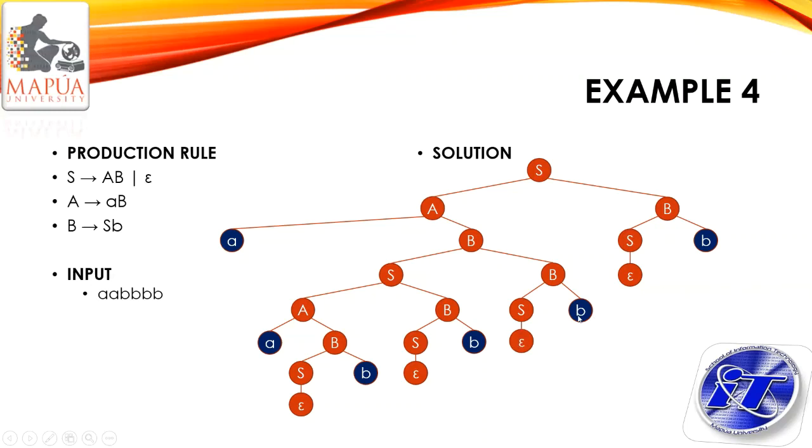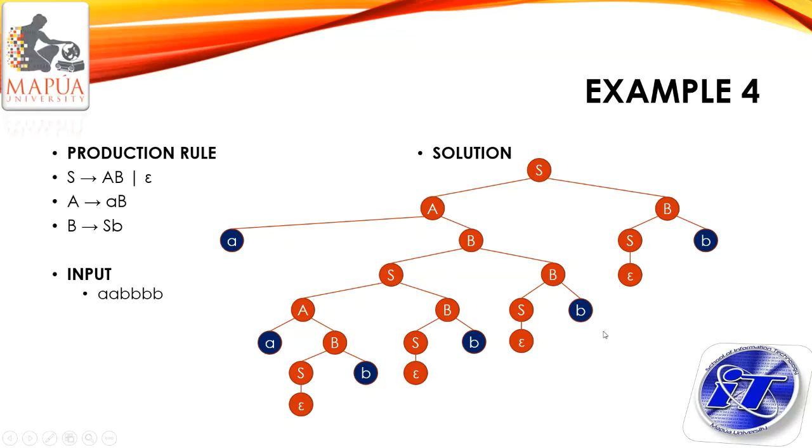And between this B and this B, definitely there should be no additional terminal symbol. That's why we replace it by null. Okay, so reading from left to right, A, A, B, B, B, B.